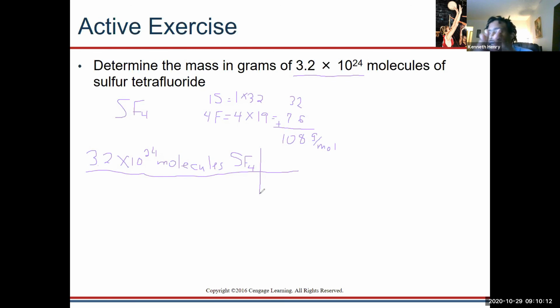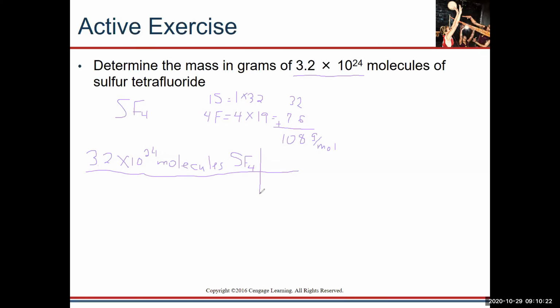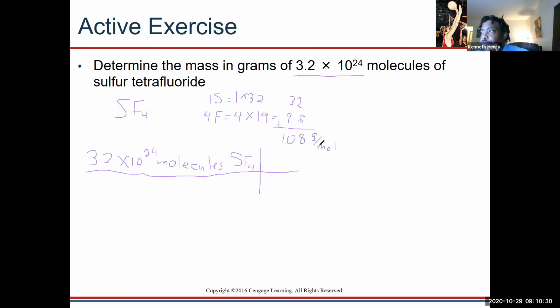Roman, what do you think we're going to use? We're starting with quantity. The 108 grams per molecule. But this isn't per molecule. Mole and molecule are not the same, so don't mistake it. 1 mole can equal 6.022 times 10 to the 23rd molecules, but a mole and a molecule are not the same thing.